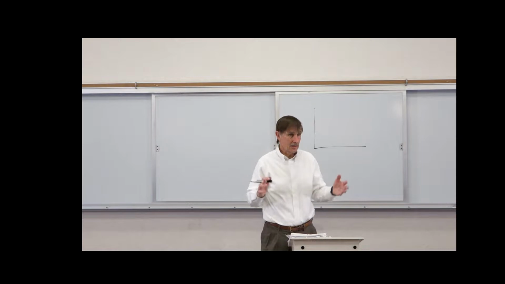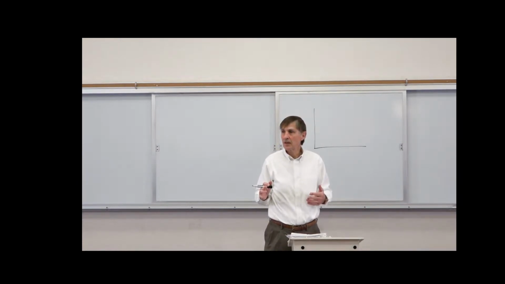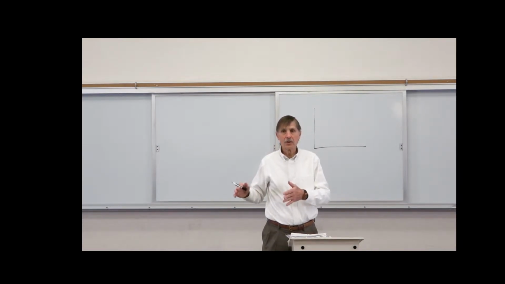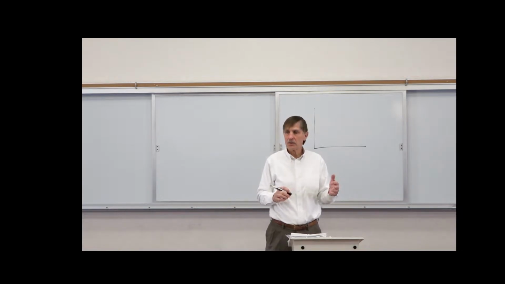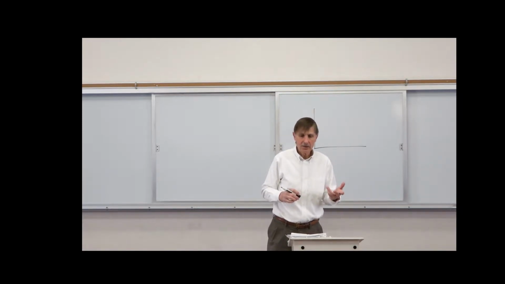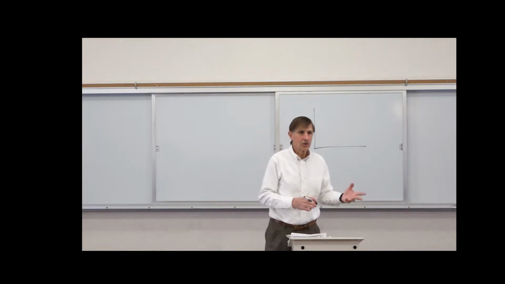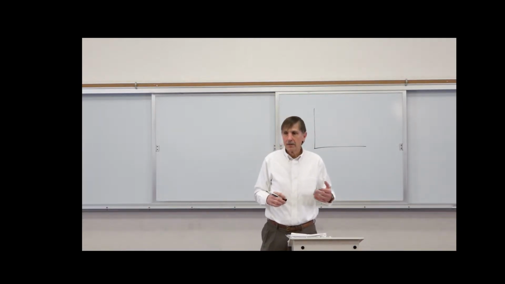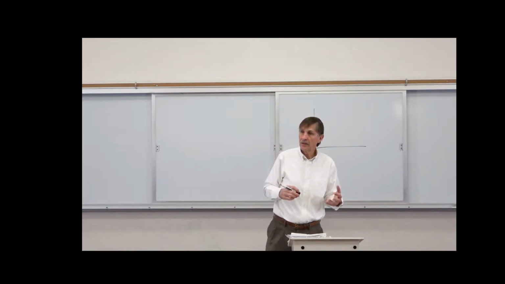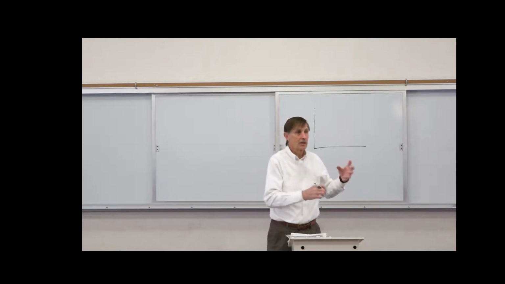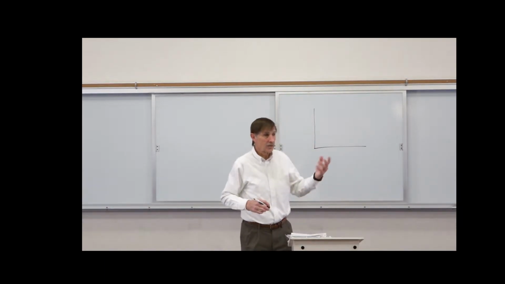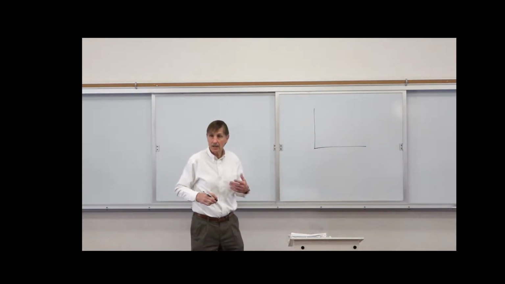The other is we're going to derive the conditions that are necessary for Pareto optimality. Then we're going to show that markets lead to Pareto optimality. And then we'll talk about when you run into some problems: externalities, public goods, that kind of thing.